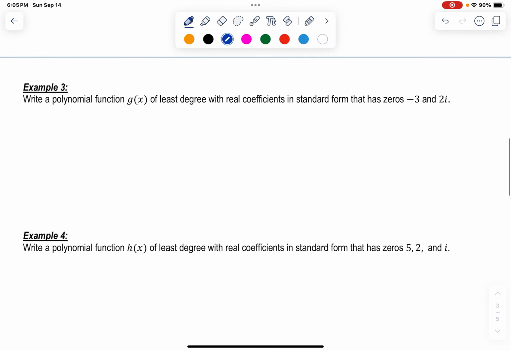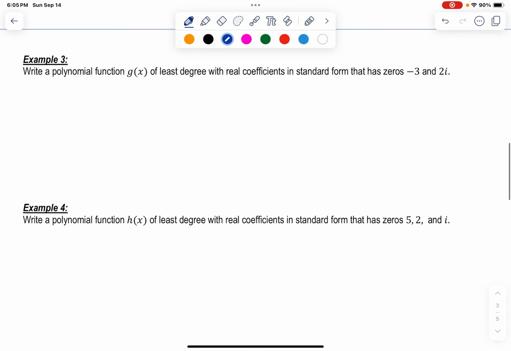Okay, so let's go ahead and try this one here. A polynomial function g of x. So g of x equals, and then we are going to write our zeros. Or sorry, we're going to write our factors. There is a 0 of negative 3, so that means that there is a factor of x plus 3.